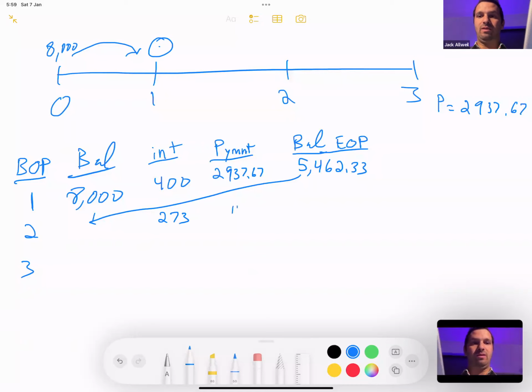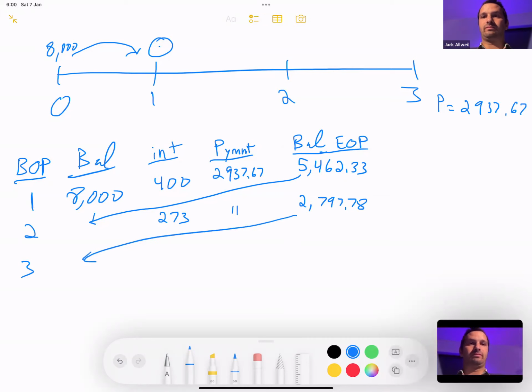We have the same payment. Now our balance is 2,000. Now we've moved to here, time 2, and we have one more payment in 3.